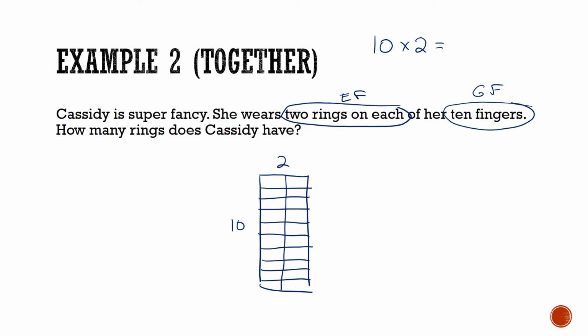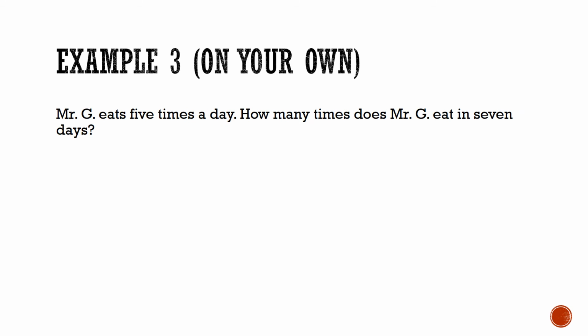There's my 10 by 2 array. This is a great picture of this story problem, and 10 times 2, of course, is 20. So my answer is that Cassidy has 20 rings. I'd like you to do this next problem on your own. Pause this video, and when you're done, you can unpause it and move along.